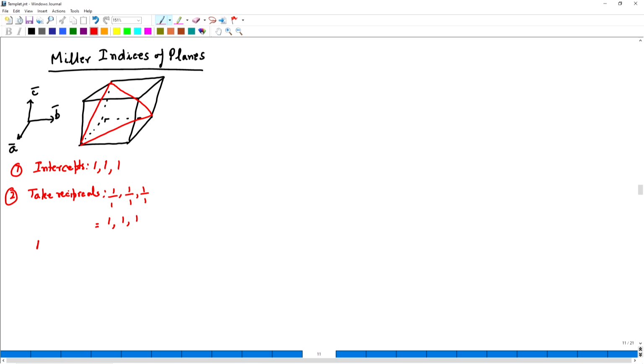And the Miller indices then for this plane is (1 1 1), and notice this time we are putting these indices in circular brackets and not in square brackets. This is important: circular brackets are conventionally used to indicate that we are talking about a plane.